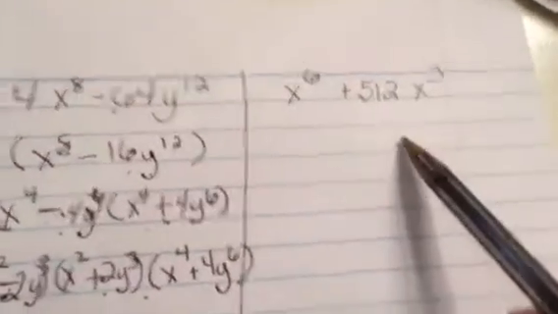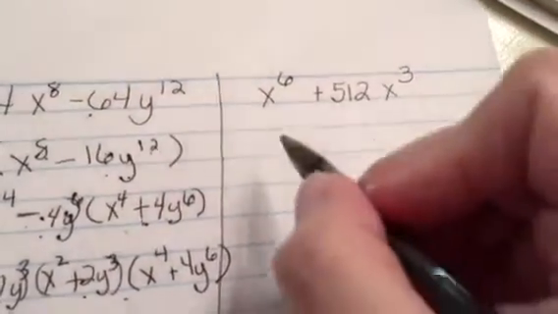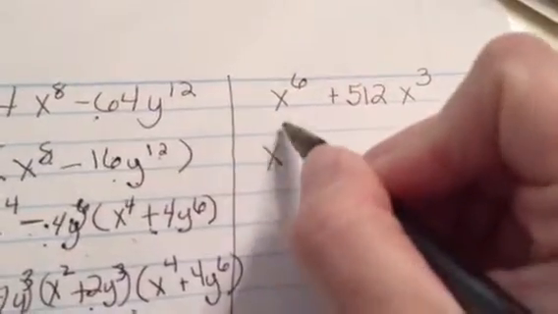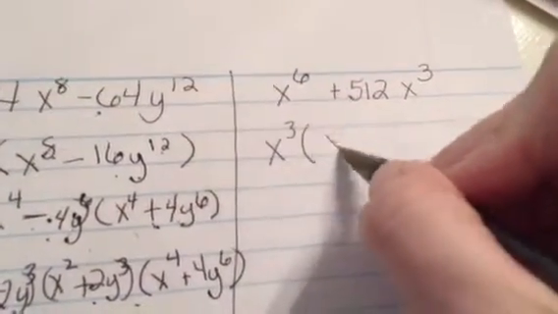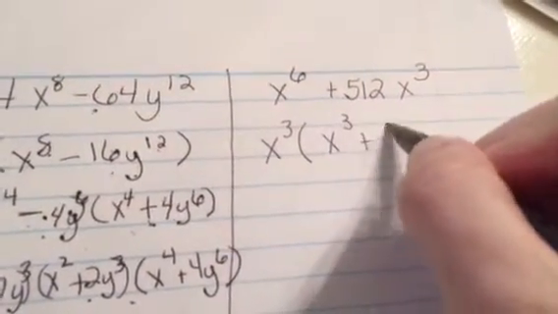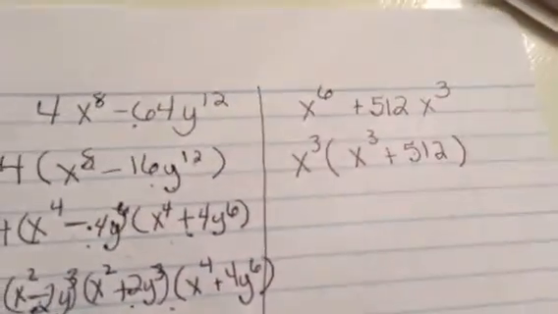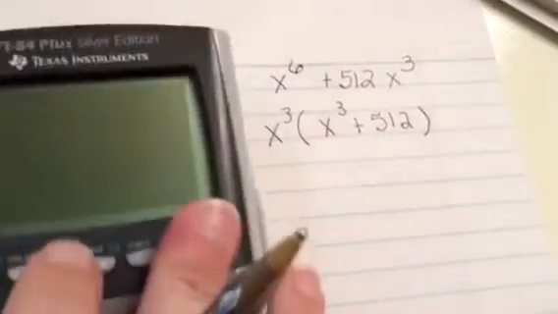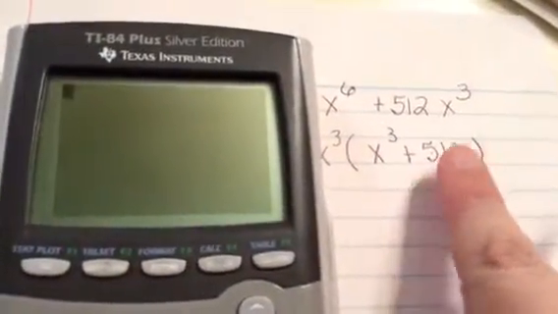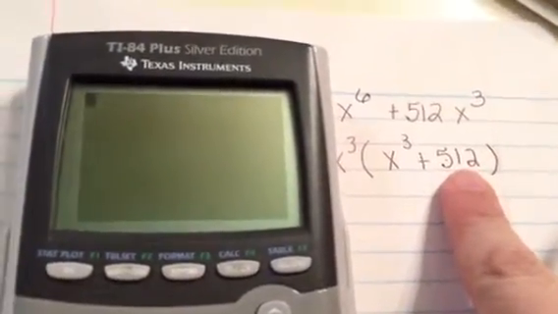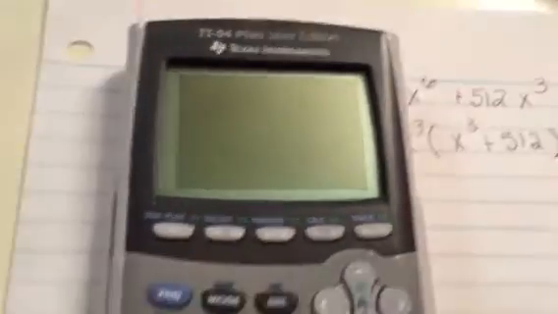All right, now let's look at this guy. All right, GCF first, so we can take out an x cubed, which would leave me x cubed plus 512. This is two terms, but it can't be a difference of squares because it's a sum sign. Let's take our 512 and check it to see if it's a perfect cube.